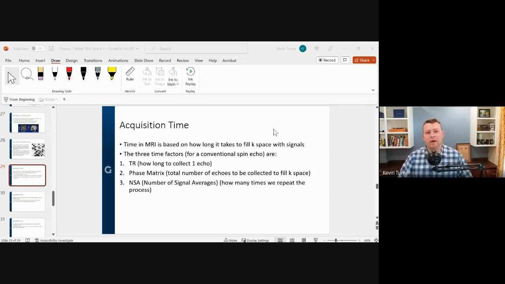On top of that, we also have the NSA, or number of signal averages, which is how many times we can repeat the entire process in order to increase our signal. One thing about noise being constant is that if we collect the same echo twice and put it into the same slot in K space twice, we will decrease the noise.